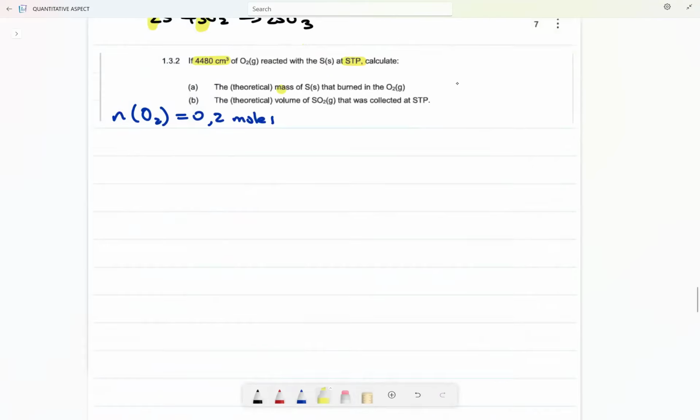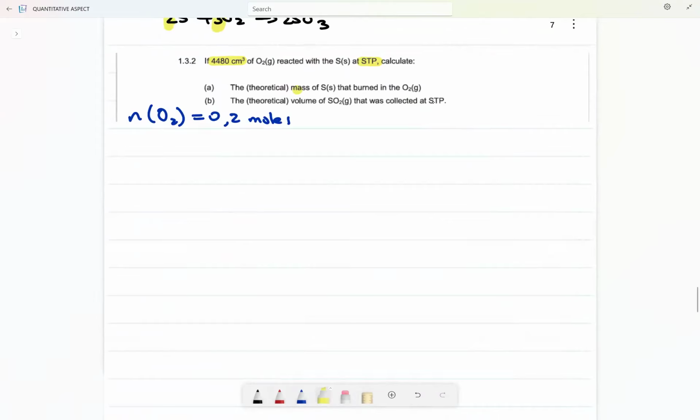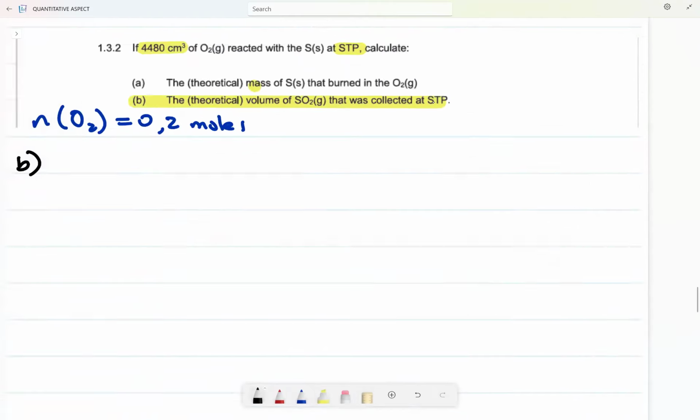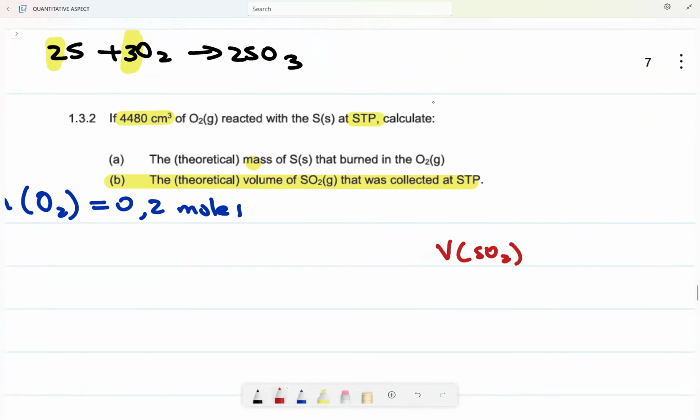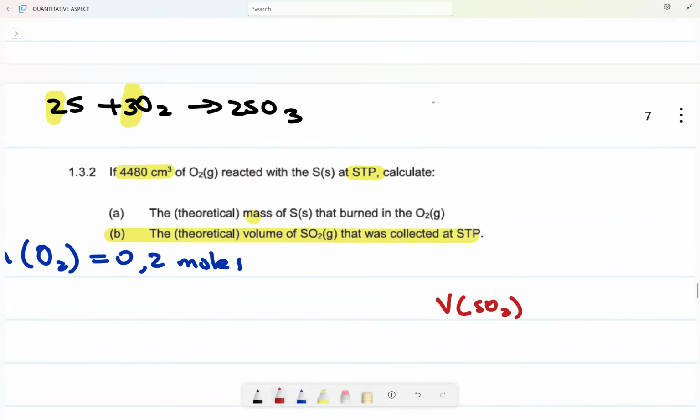Good. Now let's look at number B. Number B says: calculate the theoretical volume of SO2 that was collected at STP. So we want the theoretical volume, the volume of SO2.